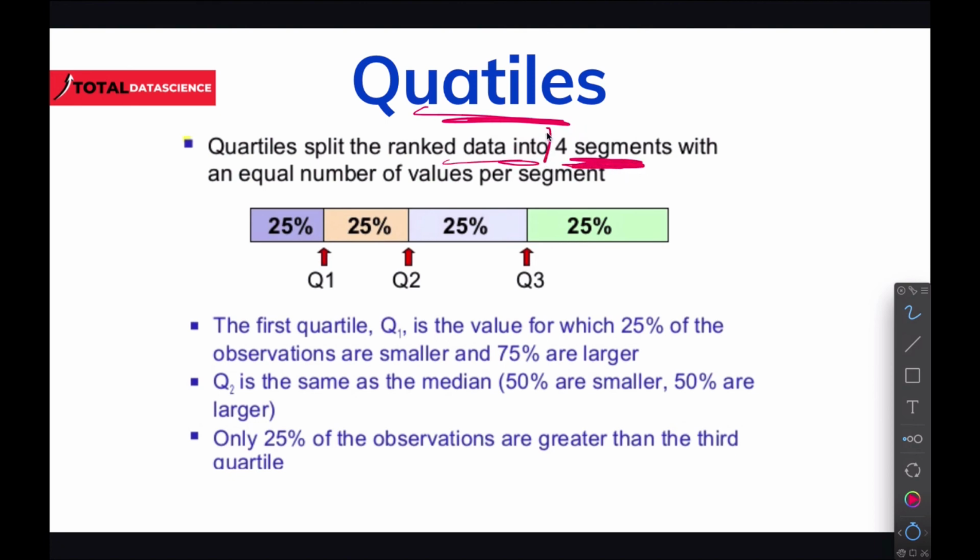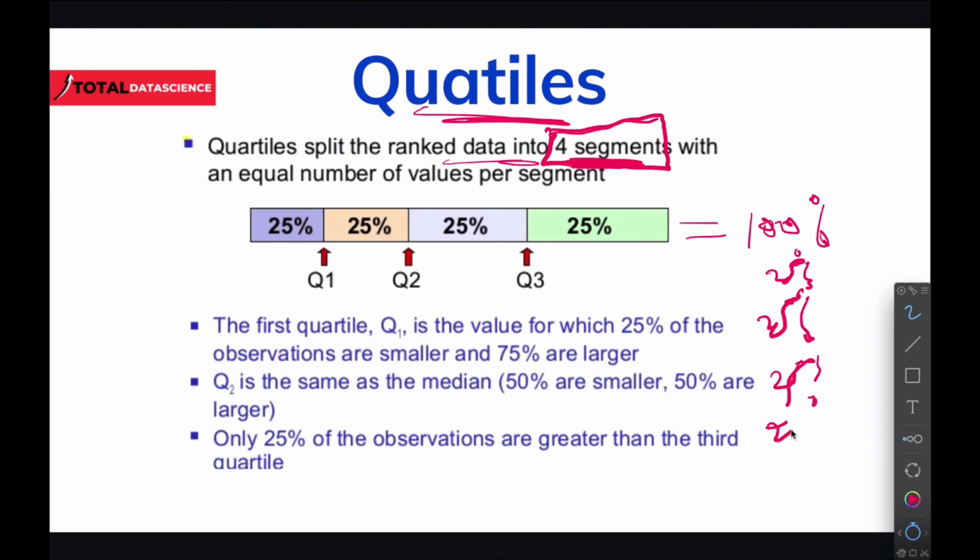If you can see over here, your data set is a total of 100%, so we divide this 100% into 4 segments: 25%, another 25%, another 25%, another 25%. If you put all these together, they comprise the total data set that you have, which is 100%.